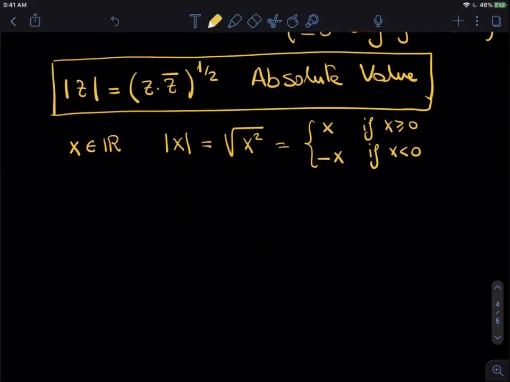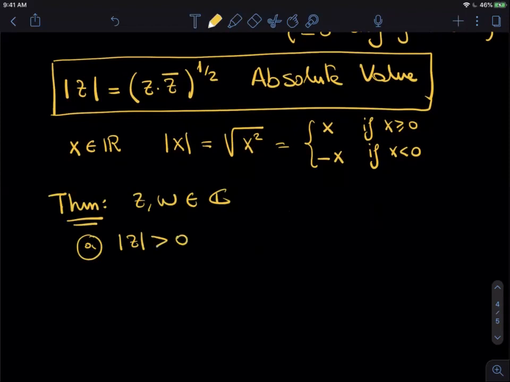There are a few more properties that we need to know concerning the absolute value. As before, take z and w complex numbers. Then we have that the absolute value is bigger than 0, well, it's a positive number, unless z equals 0. Notice that the absolute value of 0 is 0.